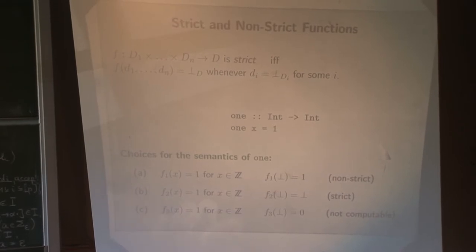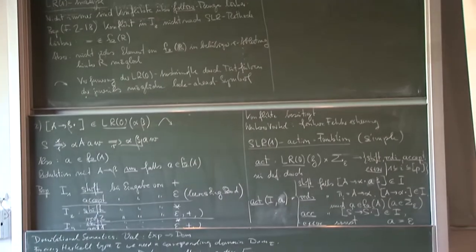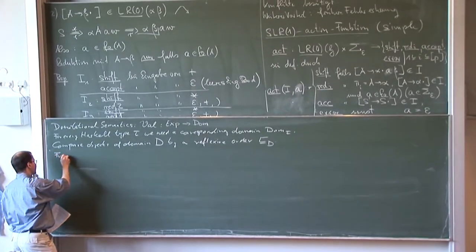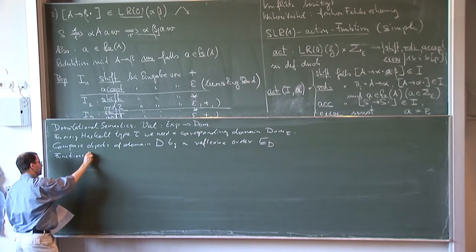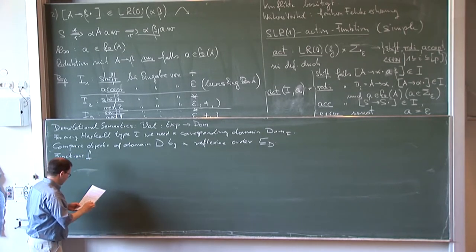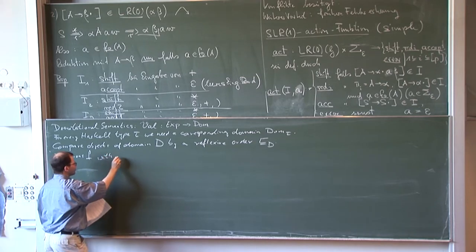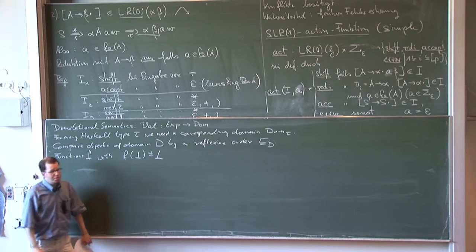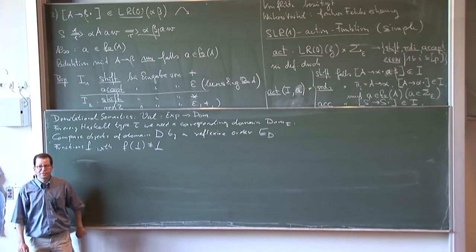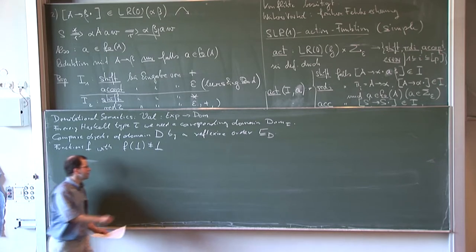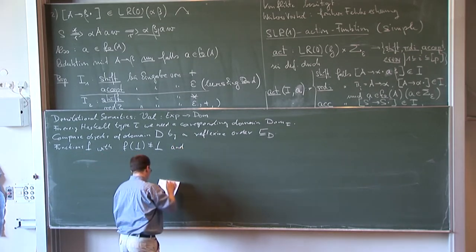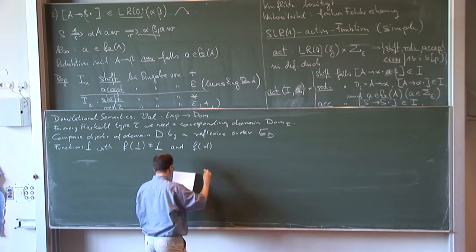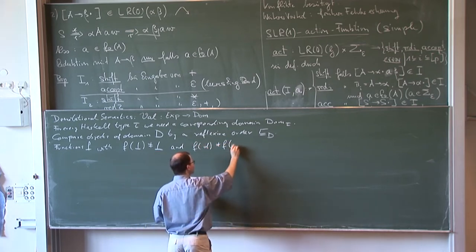And in general, this is true whenever you have the following property. So in general, functions f with f bottom is not bottom. So if they are applied to something undefined, they give you something that is defined. But for some other object, they give you something different.